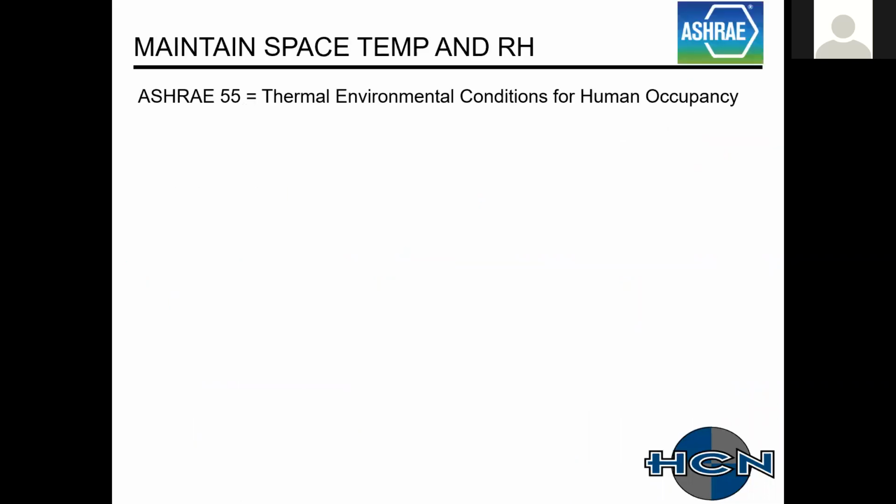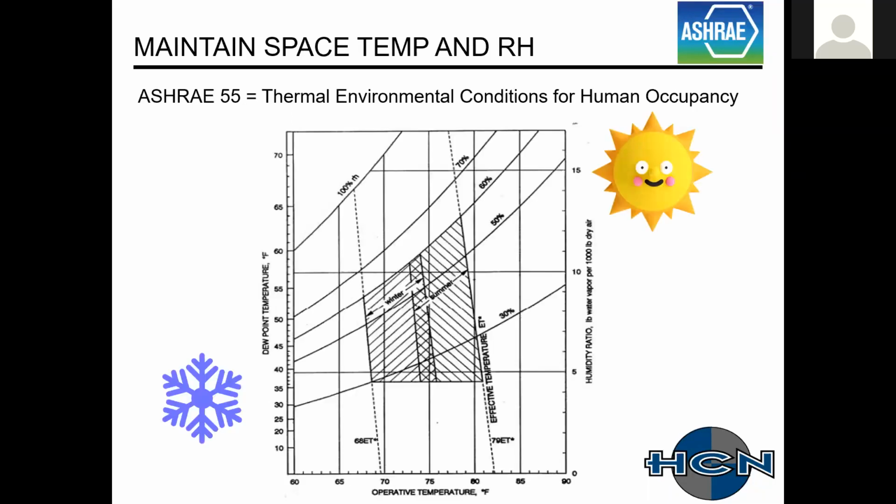So then to visualize what they're talking about for maintaining space temperature and RH, we're going to look at ASHRAE Standard 55, thermal environmental conditions for human occupancy. This is a very common slide or picture that's been modified and shown over the years. This is taking a small snapshot from the psychrometric chart.